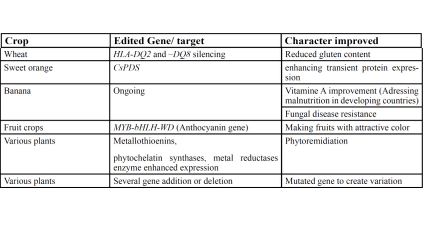Then in case of banana, vitamin A improvement and fungal disease resistance, which is ongoing research. Then in various plants, for mutated genes or creation of variation, several gene additions or deletions or gene stacking was taken up.